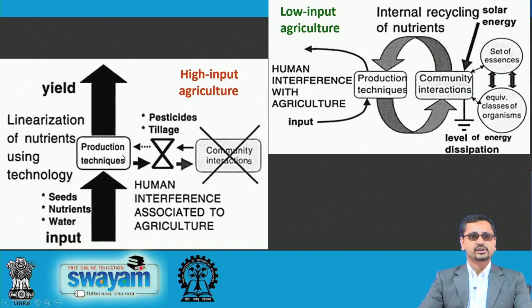We have different modern production techniques, which might include heavy use of tillage practices, pesticides and other agrochemicals, and the human interference associated with agriculture has gone many folds, which is symbolically presented with the wider and bolder arrows of these inputs.